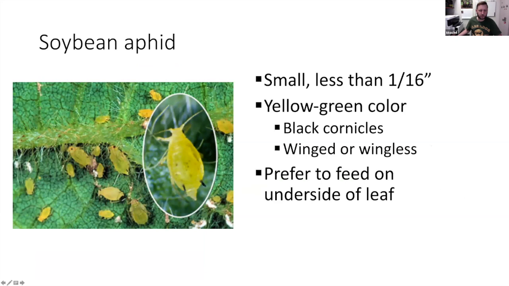So again, those tailpipes right there, they kind of have this overall teardrop shape and soft body without a really well-defined head and thorax. It just looks like one singular body segment there. And these generally are going to prefer to feed on the underside of leaves, so that would be the prime spot where you would find those.